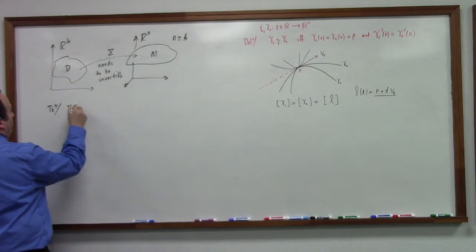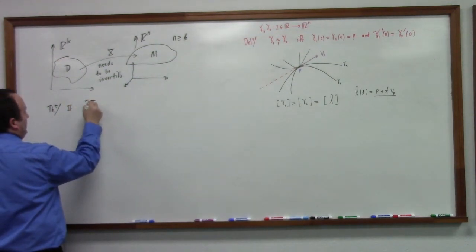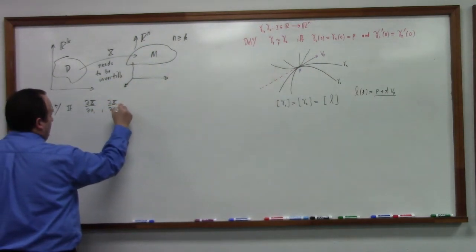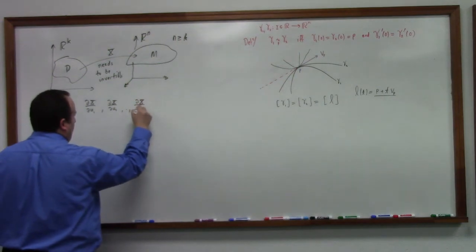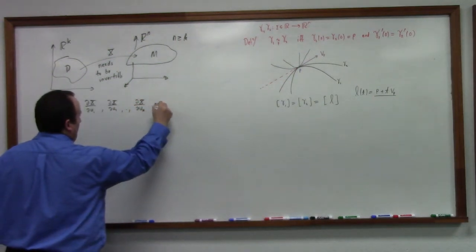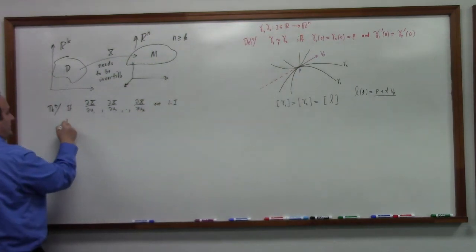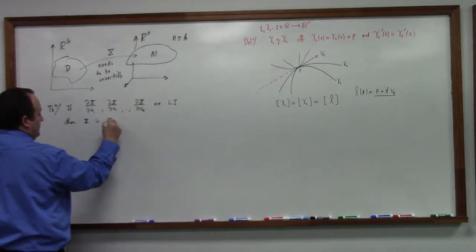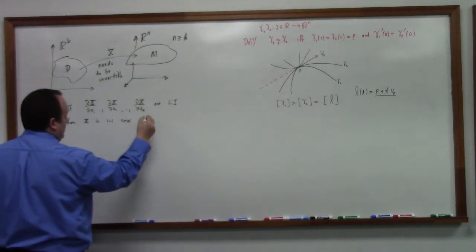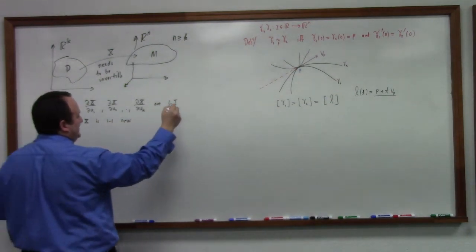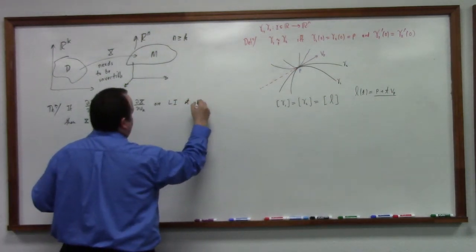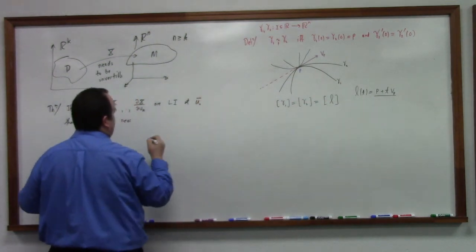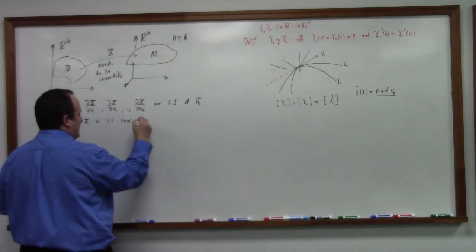If partial x, partial u1, partial x, partial u2, through partial x, partial uk are linearly independent at, let's say, a point, u vector sub naught, then x is 1-to-1 near u sub naught.